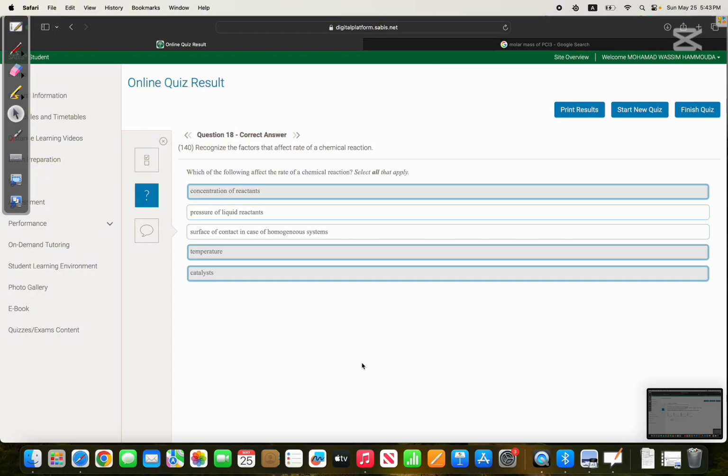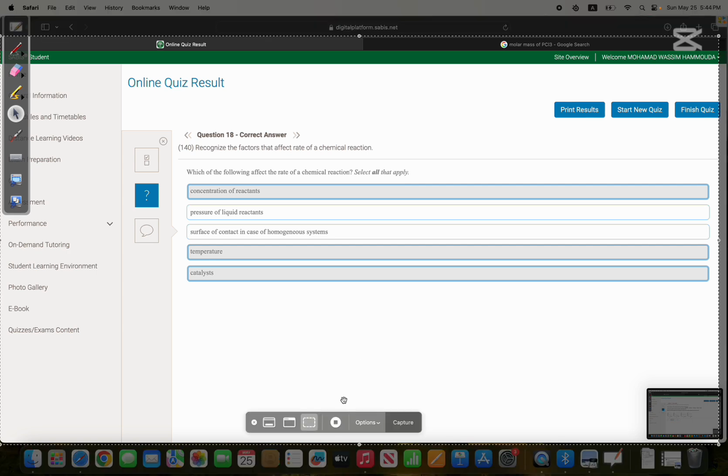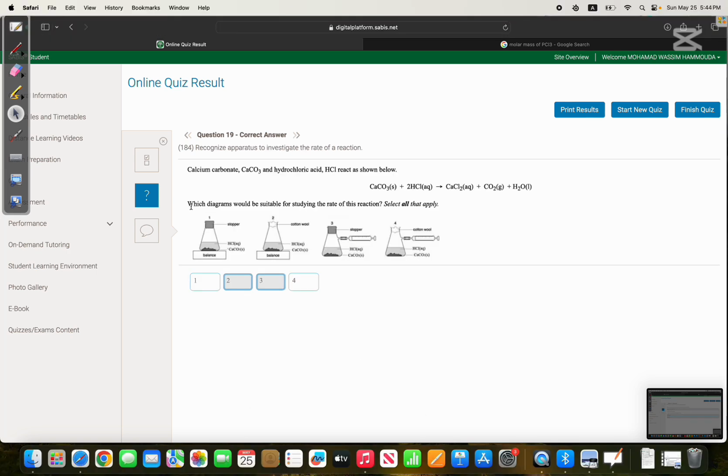Which of the following affect the rate of a chemical reaction? Concentration of reactants, the temperature, and the catalysts. I already explained these three factors a few questions ago. Calcium carbonate, CaCO3, and hydrochloric acid, HCl, react as shown below.